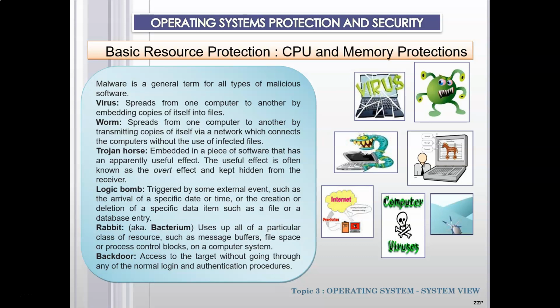Once you run the file, what happens in the back is it will execute another malware or another virus or worm that is attached to the MP3 file. That's what we call a Trojan horse.